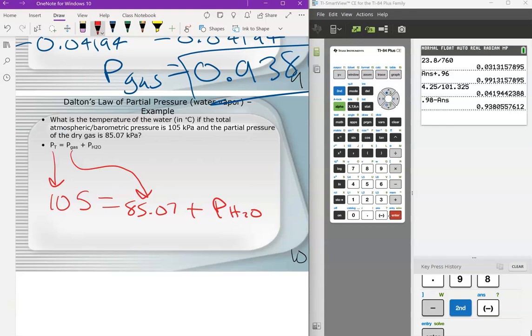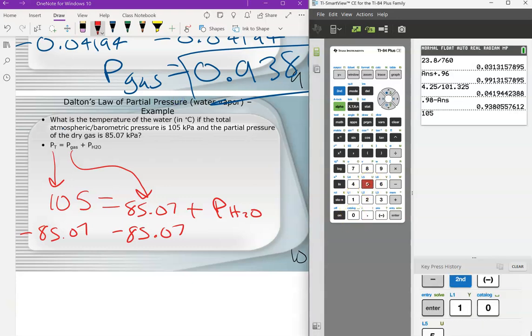In order to get the pressure of the water, PH2O, by itself, I have to subtract 85.07 from both sides, and both of these are already in kPa. So 105 minus 85.07.